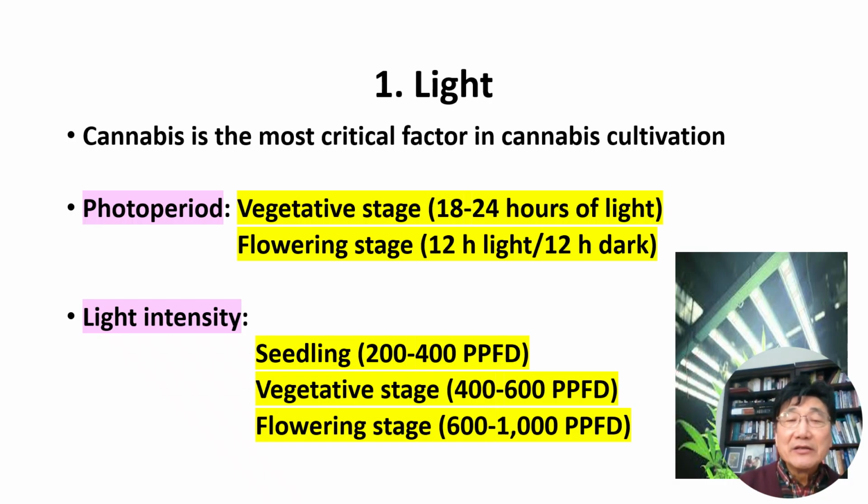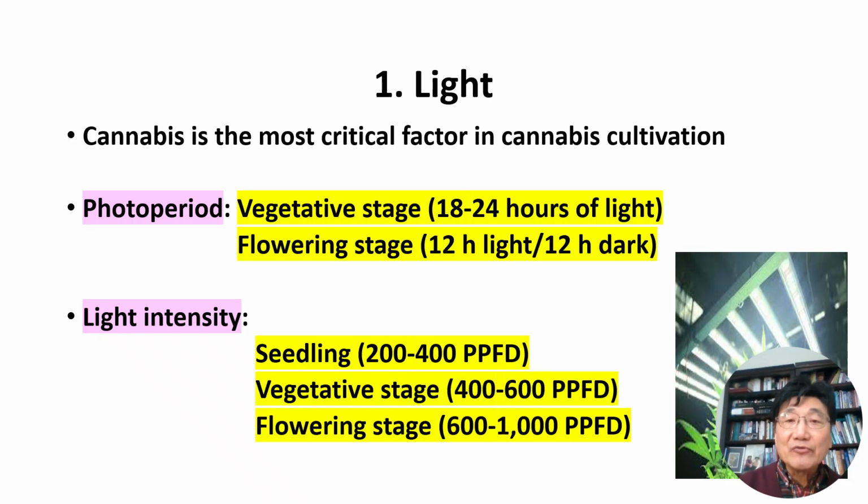In general, the cannabis plant needs at least 18 hours of light per day during the vegetative period and at least 12 hours per day during the flowering period. This mimics the sun's natural light cycle during the growing season.